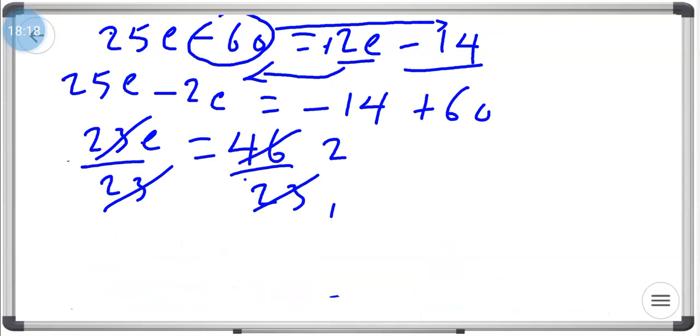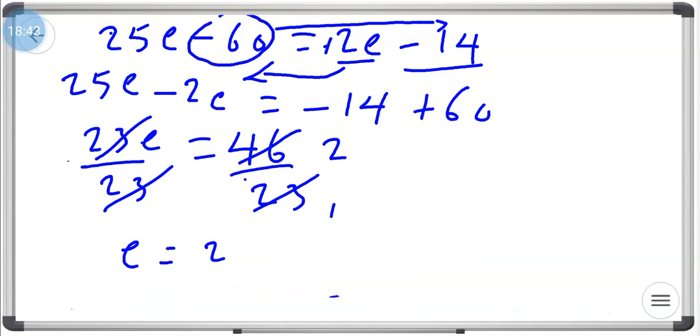So e equals 2. We said 23e divided by 23 equals 46 divided by 23. So 23 in 46, that is 2. So e equals 2.